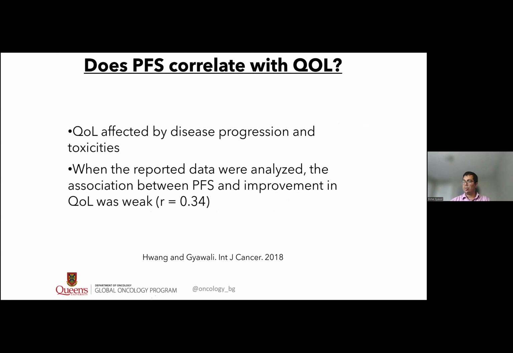Sometimes people argue that, okay, delaying progression may not improve survival, but it should improve quality of life, right? If your progression is delayed, then you will probably feel better for a longer time. That's a reasonable hypothesis, which we tried to test in 2018. But when we tested, we found that there was very poor association between improving PFS and improving quality of life.